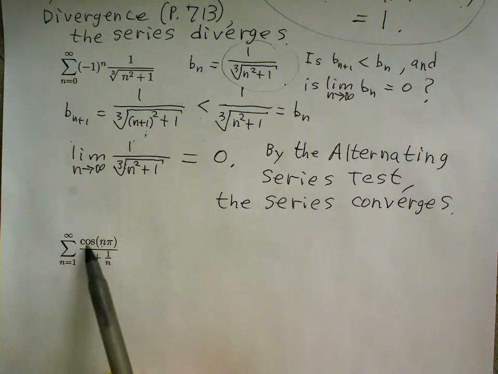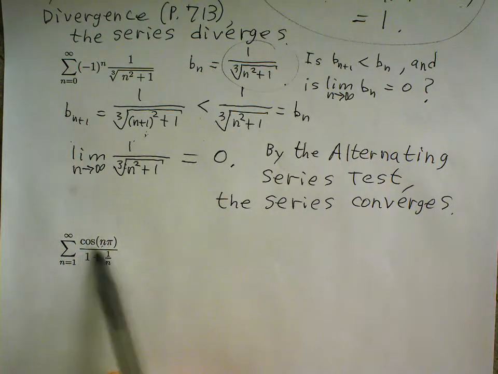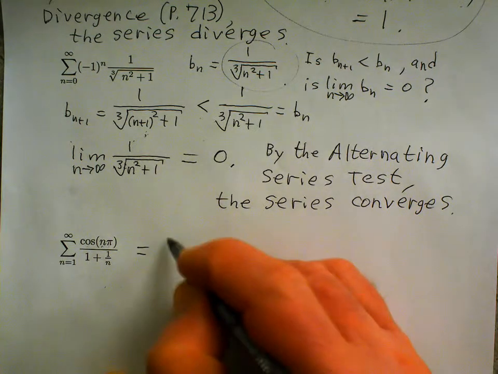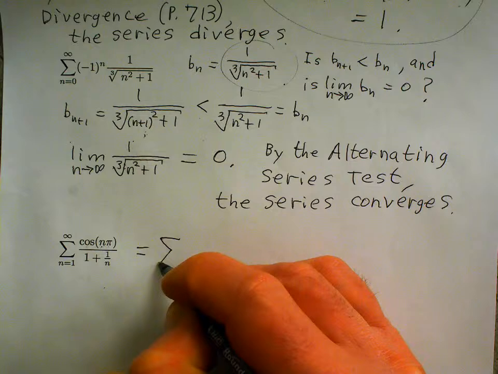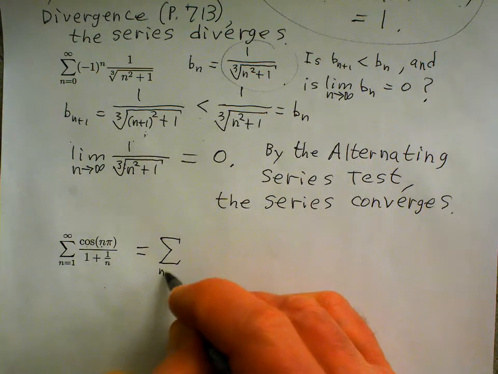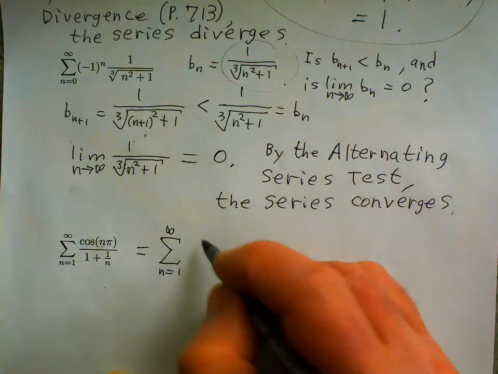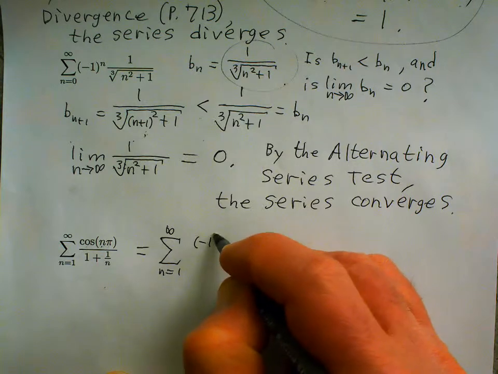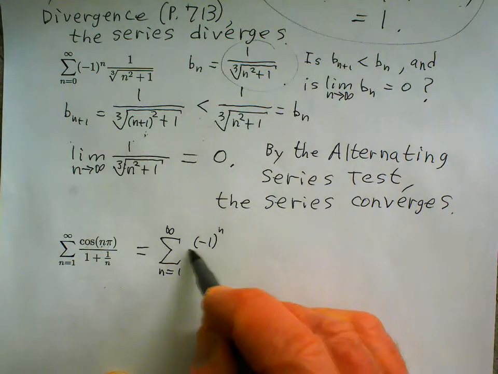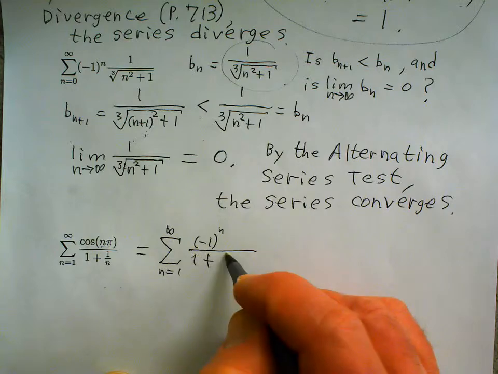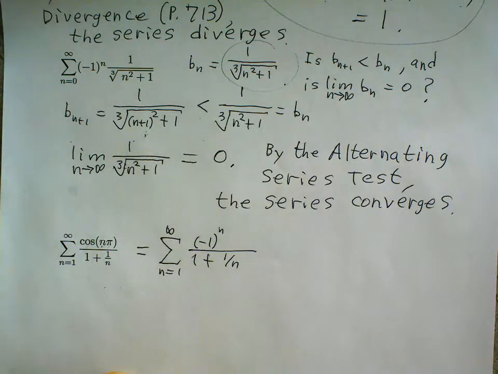When n is 2, cosine of 2 pi is positive 1. When n is 3, cosine of 3 pi is negative 1, and so on. So if you want, you can make it more plain and write it as negative 1 to the n over 1 plus 1 over n. It's pretty obvious anyway, but this is the more standard way to write an alternating series.